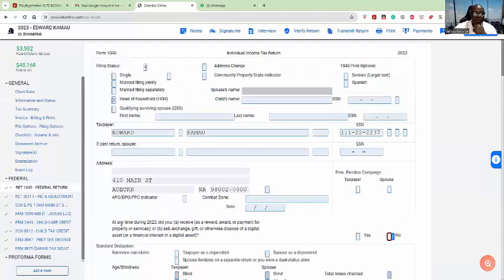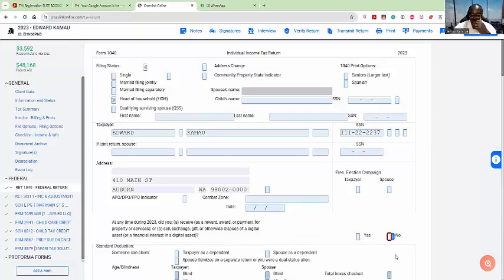It's asking you, at any time during 2023, did you receive as a reward, award, or payment for property or services, or sell, exchange, gift, or otherwise dispose of a digital asset? This is like Bitcoins and these other digital assets, Ethereum and all that.